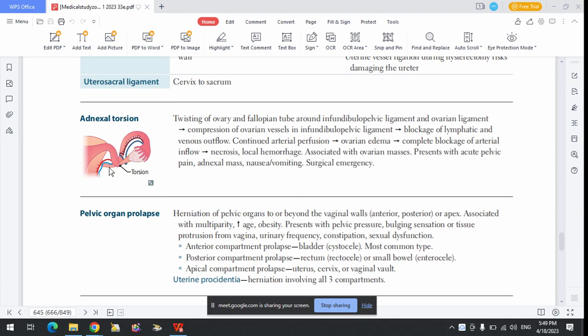With time, arterial perfusion pressure cannot surmount that edematous ovary, because it has its own pressure too. At the end of the day, it's going to cut off the arterial perfusion, so it will lead to necrosis and ischemia, and the ovarian veins that are distended and dilated can rupture, leading to hemorrhage.